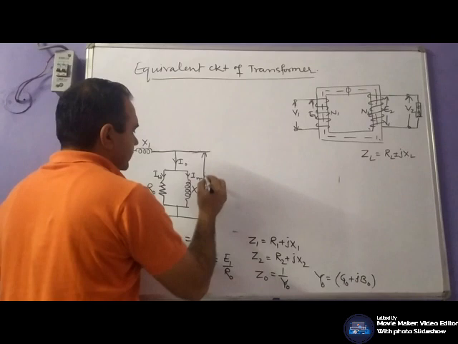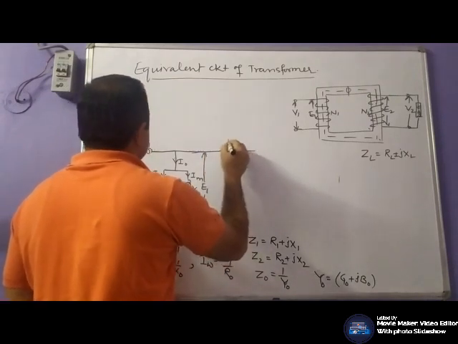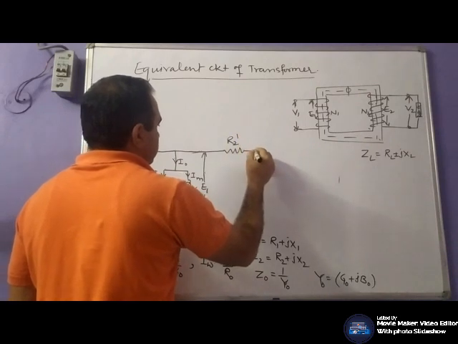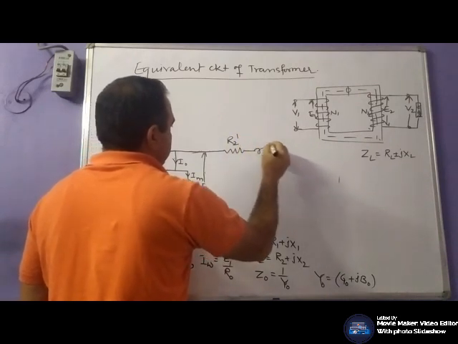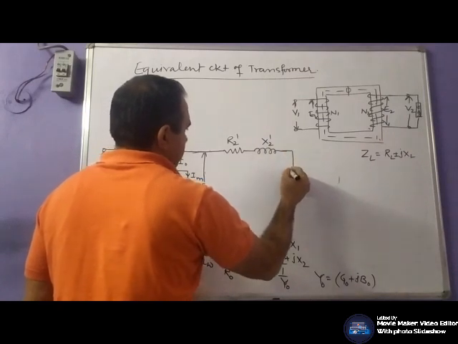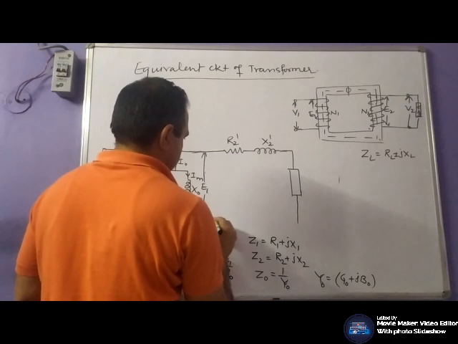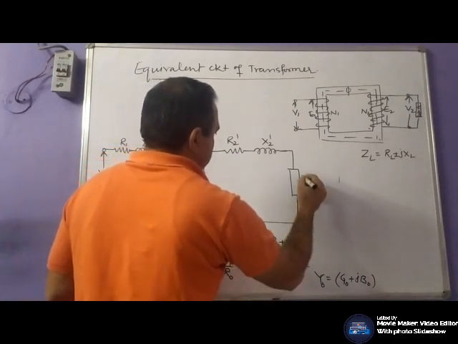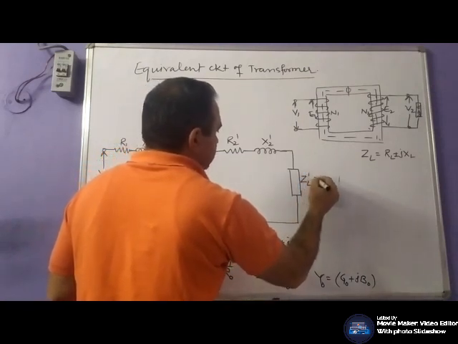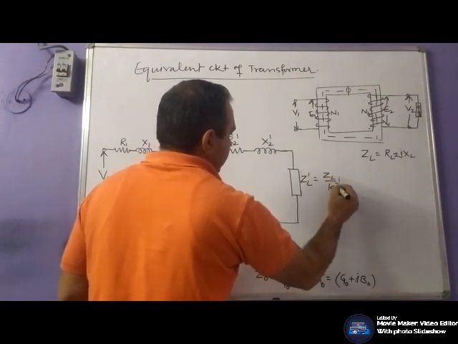This is E1, R2 dash, X2 dash, ZL dash, and that would be equal to ZL by K square.